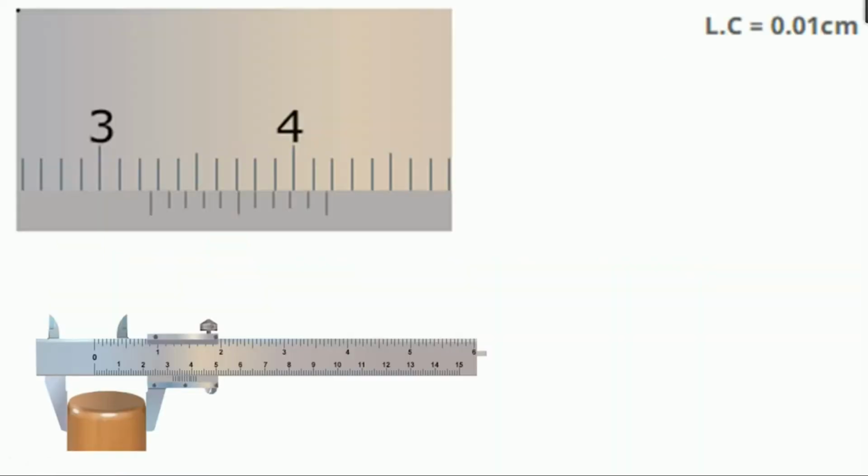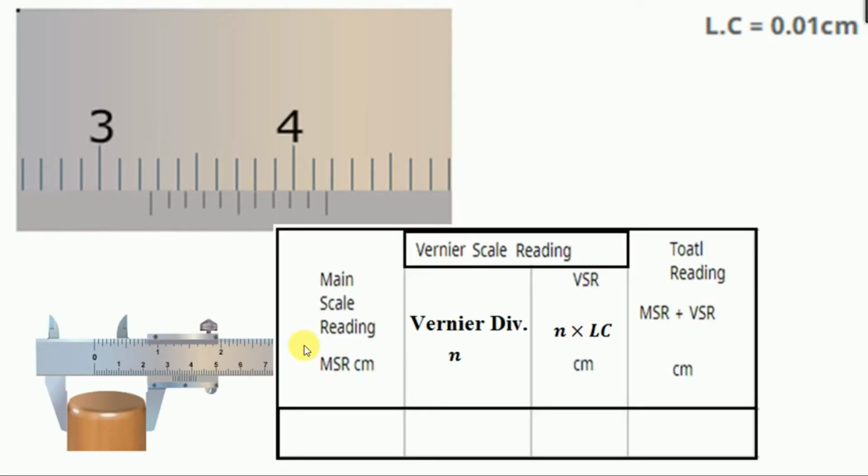Now to take the measurement, we have to keep the object in the vernier caliper and see the reading. To take the measurement we need one table. The table consists of main scale reading, vernier division, vernier scale reading, that is n into least count, and the least count we already know is 0.01 centimeter, and the total reading is the sum of main scale reading and vernier scale reading.